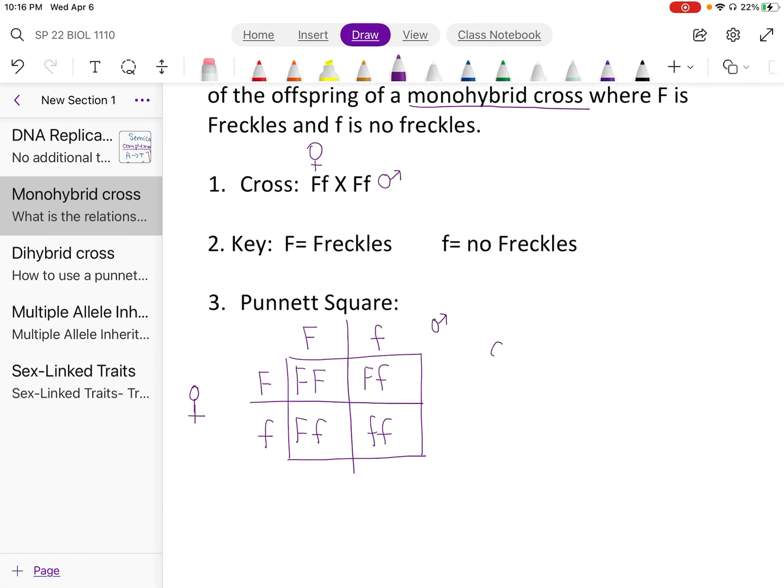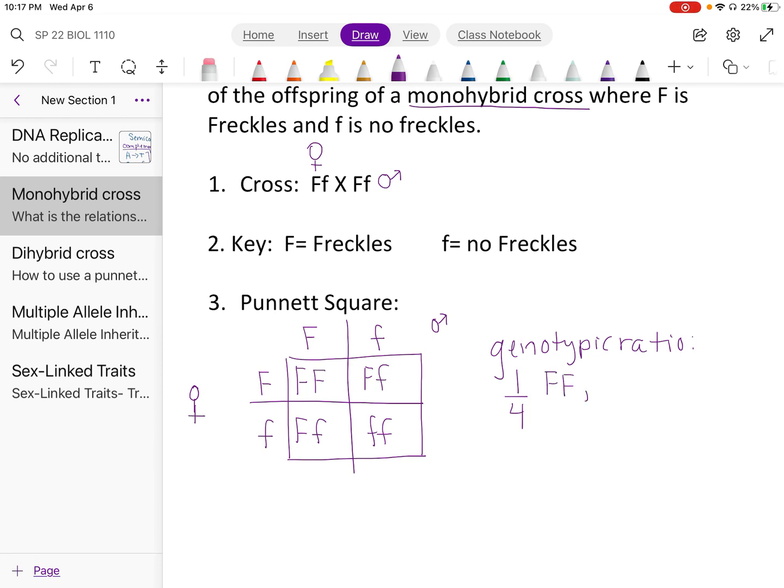To do the genotypic ratio, the best way to write this out is as a fraction. The genotypes refer to the different combinations of alleles. So you would have 1 out of 4 that are homozygous dominant.